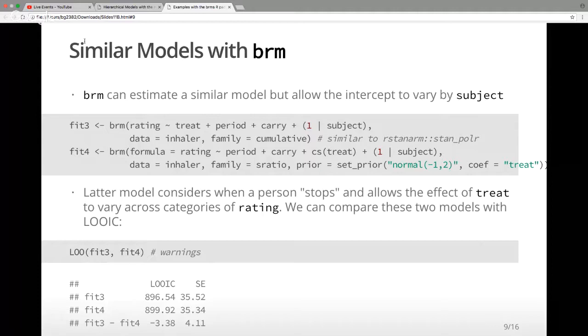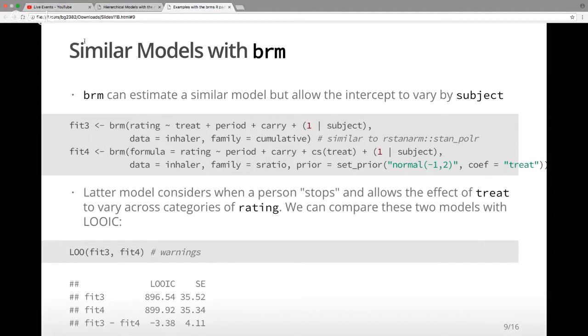Here I give an example of how you can call the set_prior function to specify, okay, I have a normal prior with a mean of -1 and a standard deviation of 2 on these treatment effects. And that's going to be the same prior for each of the categories, but I'm not restricting the treatment effect to be the same across categories.